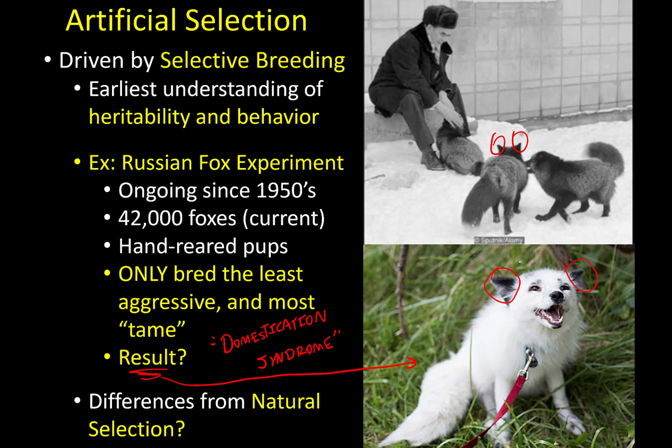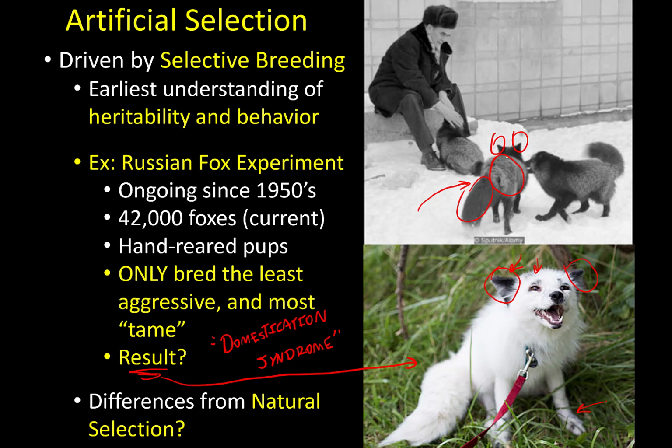Their fur tends to be patchy in color, as you see on the ears, the face, down here on the paws. This is mottled fur, while their wild counterparts tend to be either bicolored, so two solid colors, or just a single color overall. These foxes have domestication syndrome.